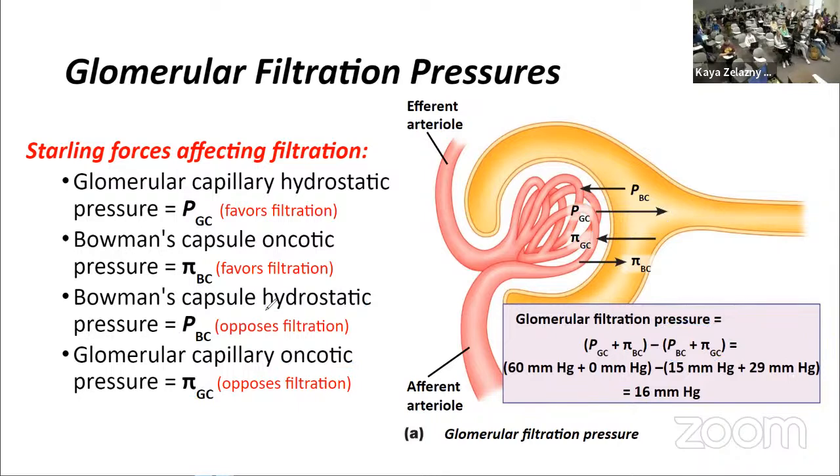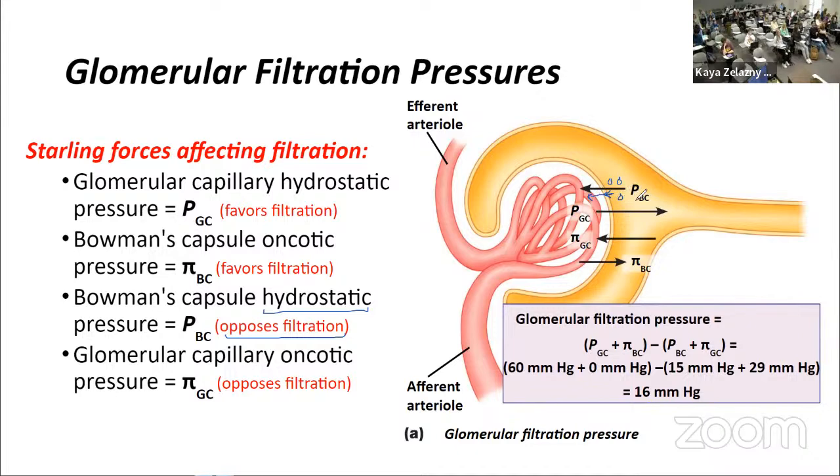So when we're thinking about a hydrostatic pressure that opposes filtration, we know that a hydrostatic pressure is something pushing against the walls of its container because there's a fluid, right? That means we're thinking about fluid droplets already in this space, essentially, pushing against this wall, right? So that's going to be our hydrostatic pressure pushing back, okay?